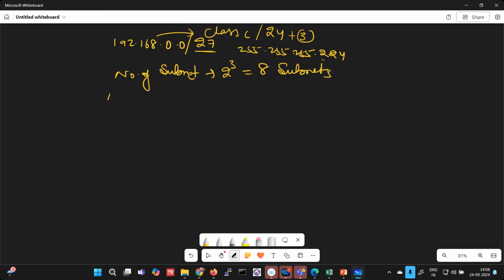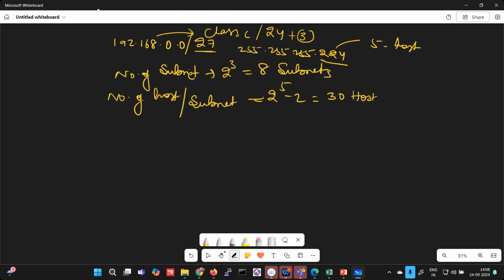The number of hosts in each subnet: 5 bits are remaining in the last octet, so 3 contribute to the subnet and 5 to the host. So 2 to the power 5 minus 2, 32 minus 2, 30 hosts per subnet. So we have a total of 8 subnets.